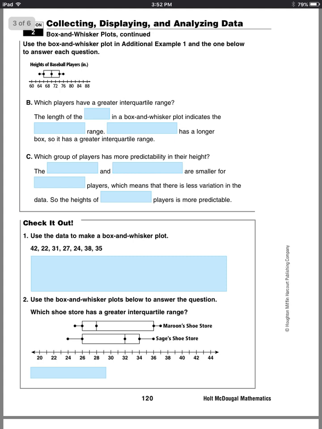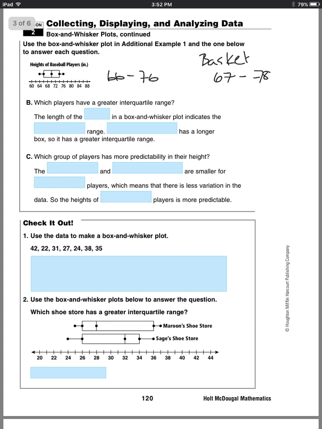Okay. Which players have the greater interquartile range? Now, the basketball players' interquartile range, that's the lowest vertical line and the highest vertical line, goes from 67 to 78. And the baseball players goes from 66 to 76.